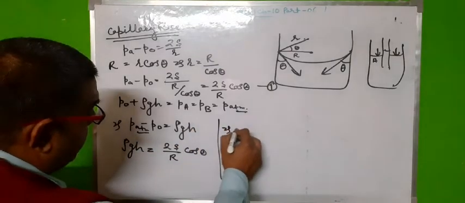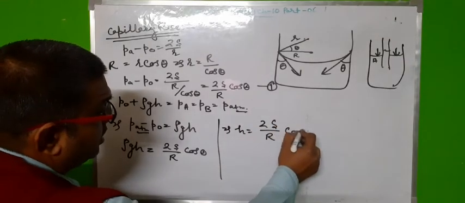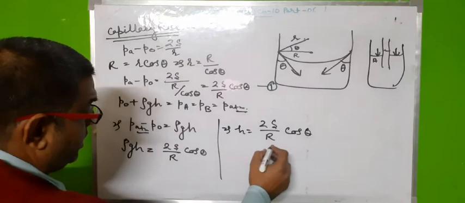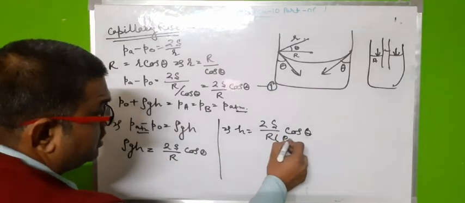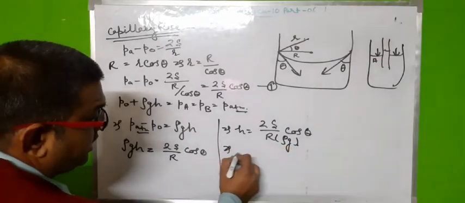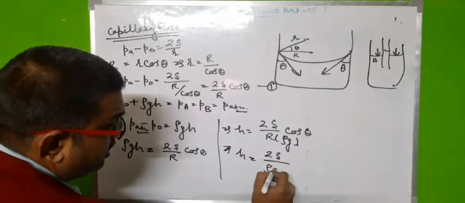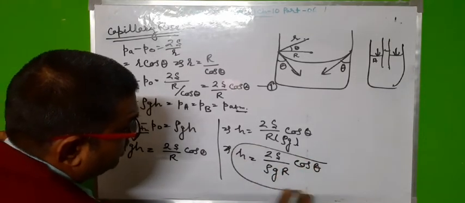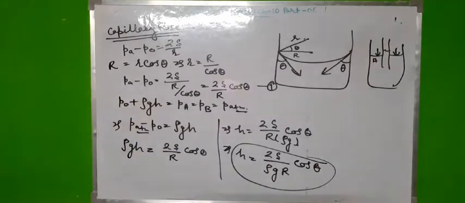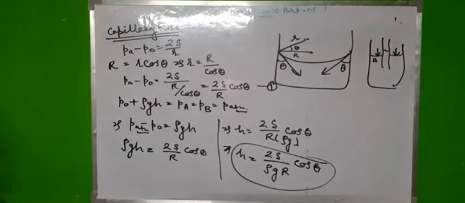H is equal to 2s upon r cos theta into rho g, or we can say h is equal to 2s upon rho g r cos theta. This is the height up to which the liquid will rise due to the capillary rise.